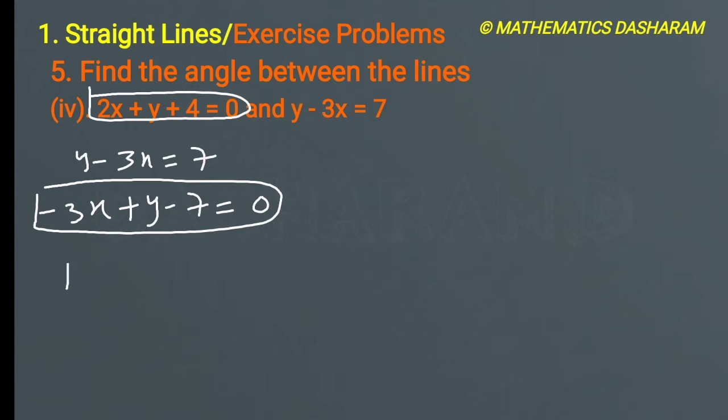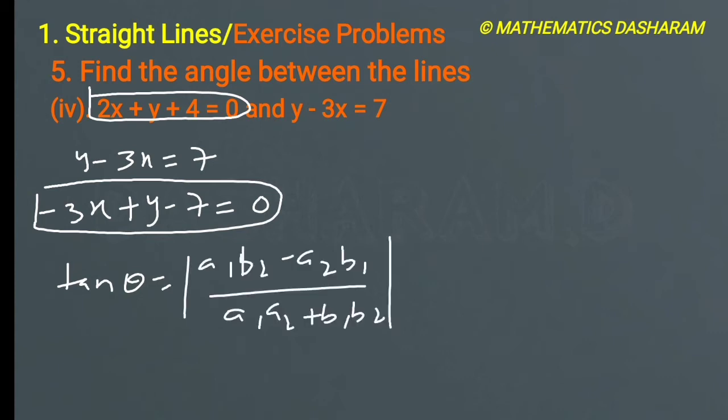To find the angle between these two lines, the formula is tan theta equals mod of (a1 b2 - a2 b1) divided by (a1 a2 + b1 b2). A1 means the x coefficient, which is 2. So 2 into b2, the y coefficient, 1, minus a2, the x coefficient, -3, into b1, the y coefficient, 1, divided by a1 into a2 plus b1 into b2.